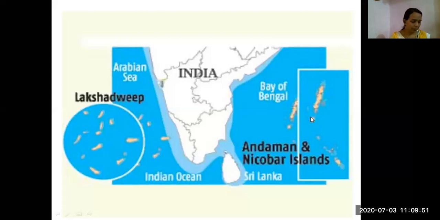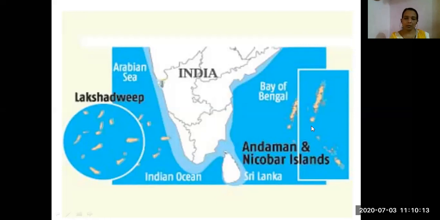It is believed that this island group is of great strategic importance for the country. This helps to make the political strategy for the country. There is a great diversity of flora and fauna. As in Lakshadweep, this part is also rich in flora and fauna.